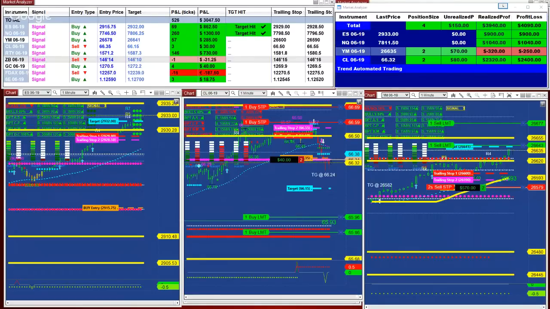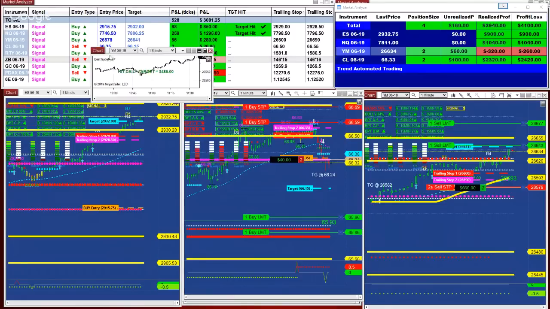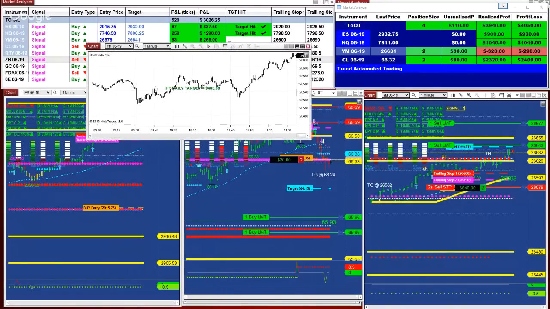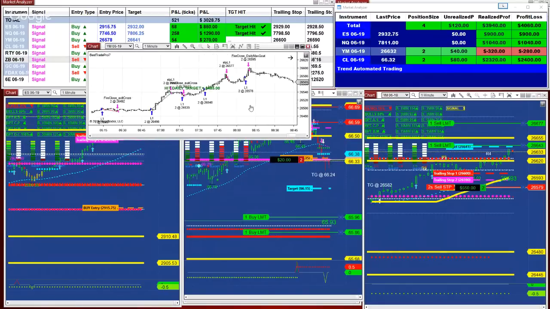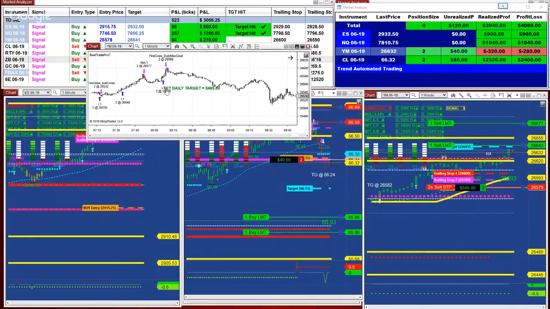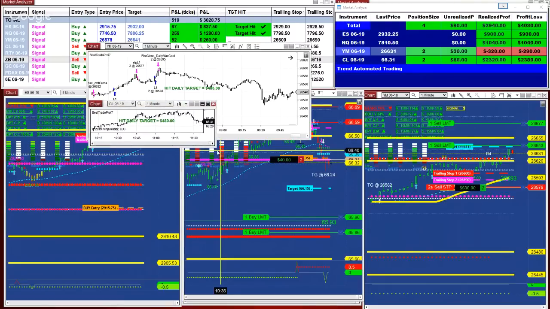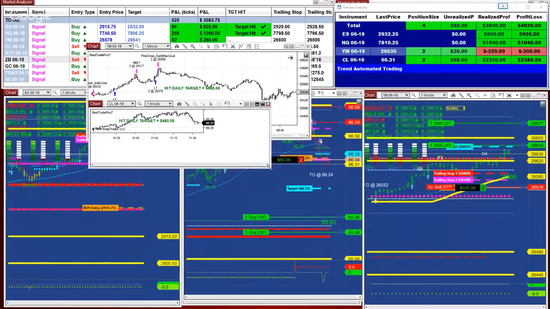Plus, I'm running it without a target on this one here. But with the target, I'm testing it. We are doing some tests. And with the target, it did not take that many trades, and on the 1 minute, they all hit the target.